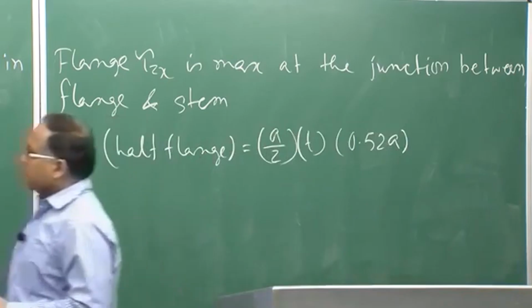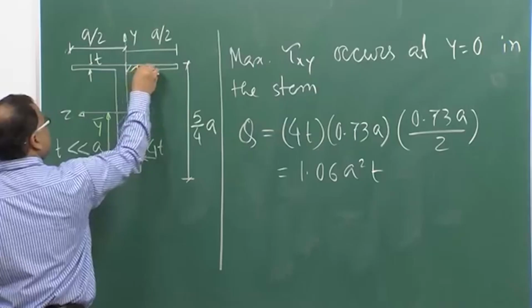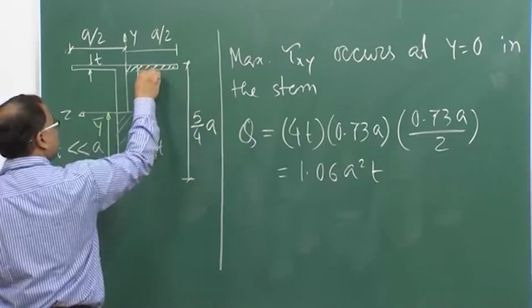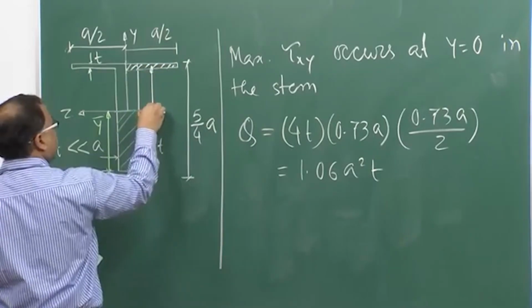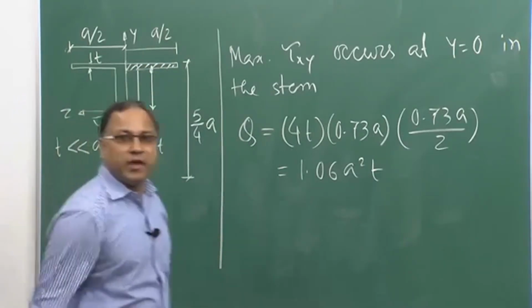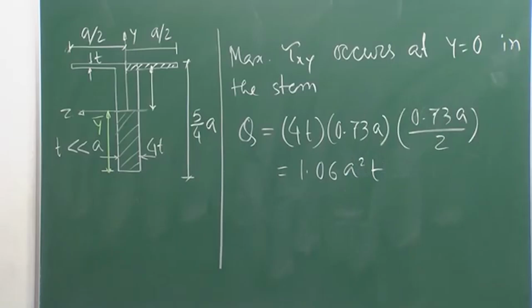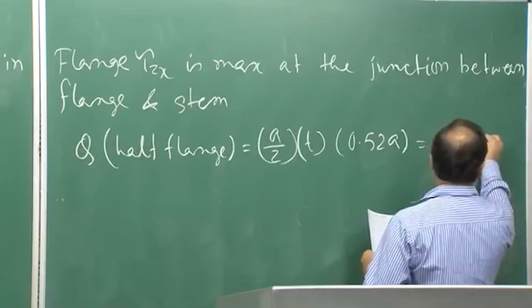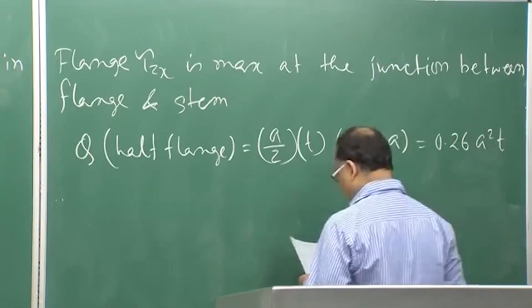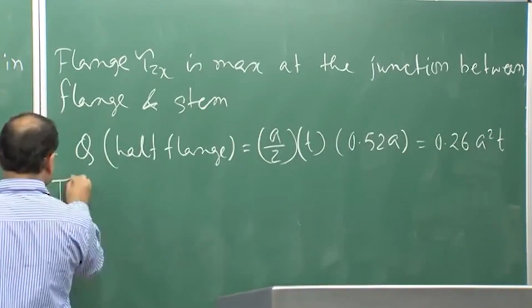When we are talking about the flange, this is the area we are considering, and the moment term is this, that is nothing but 0.52a. So, that gives me 0.26 a square t.